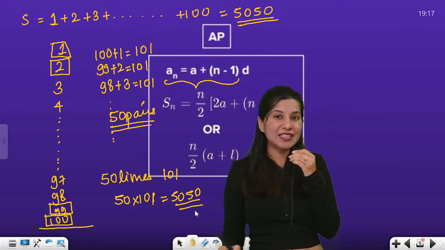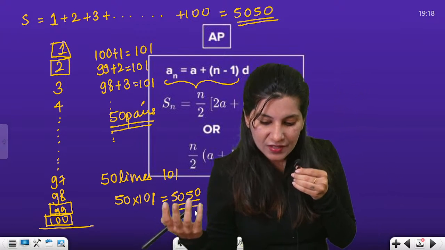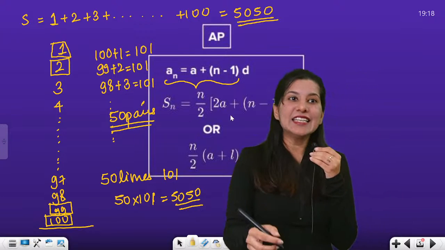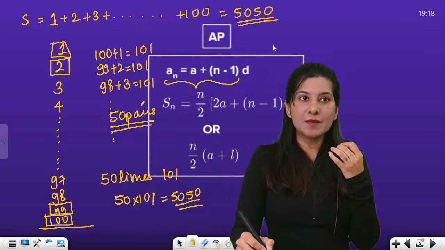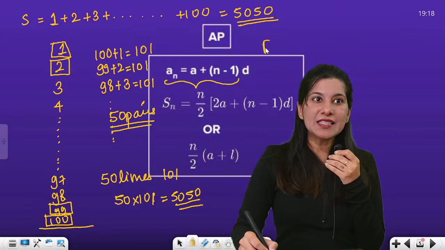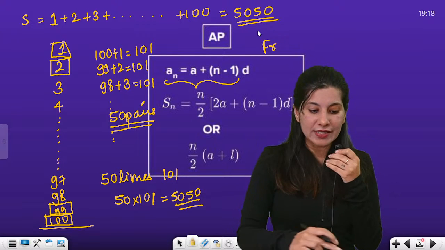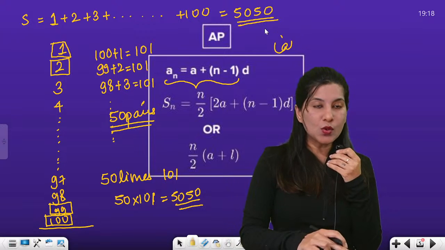So this is what he did. And you know what? The name of that kid, he was a brilliant mathematician, and his name is Friedrich Carl Gauss. Friedrich Carl Gauss. You can Google him.